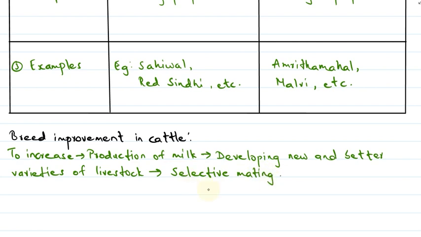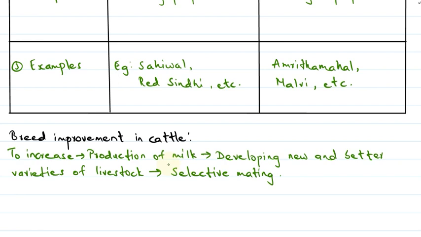The selective mating method is performed to improve the breed of cattle, and here we are aiming to increase the production of milk, and in order to do so, to increase the lactation period of the animals.